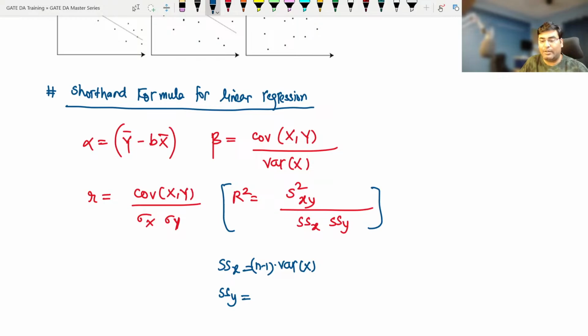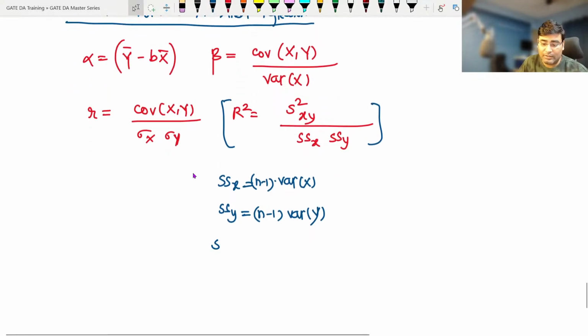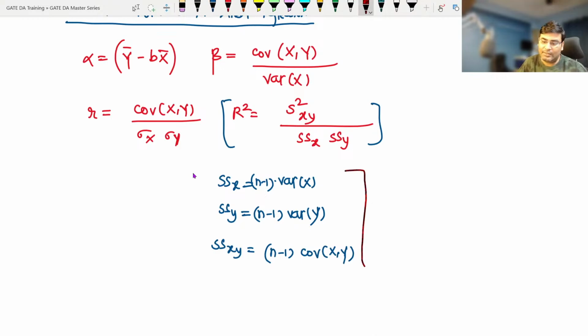But when you are talking about a sample, the degree of freedom is n minus 1, so we'll use that. SSY, similarly, will be equal to n minus 1 times variance of y. And let me give you the last one, which is sum of squares between x and y, equal to n minus 1 times covariance of x comma y. Cool. So these are the ones which you have to keep in your head.